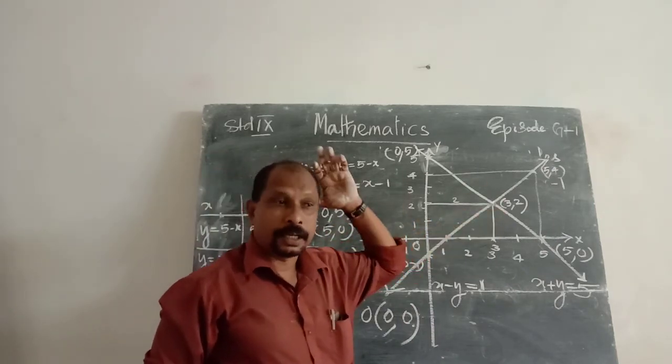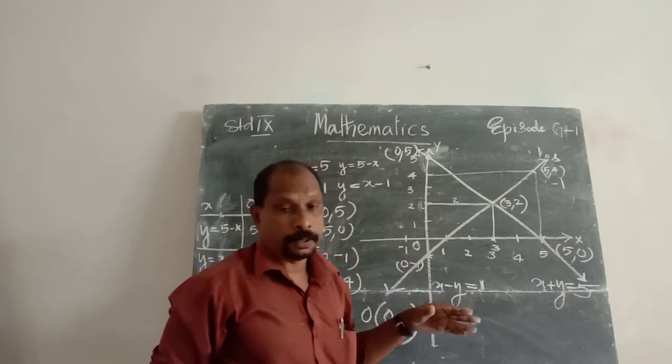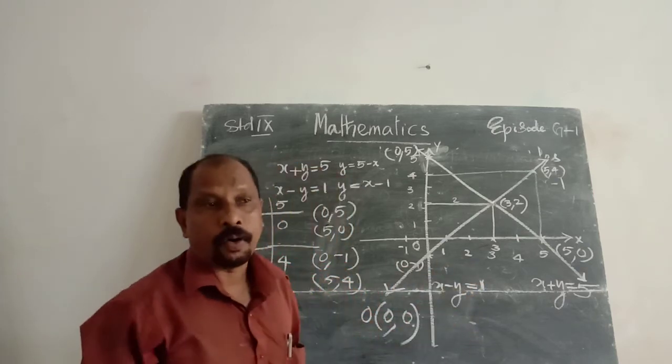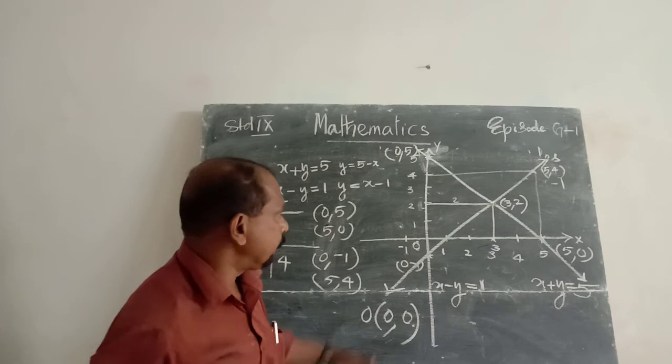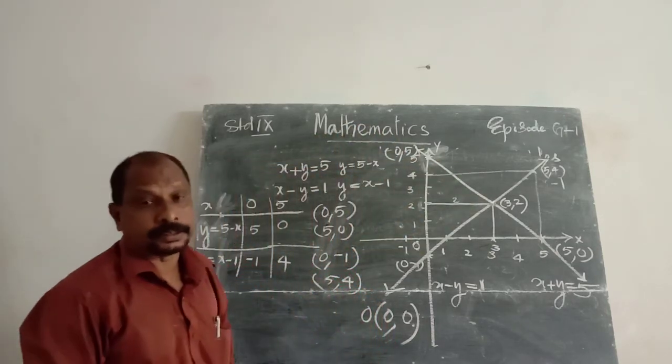Therefore, there are several linear equations with 2 variables x and y, and there are several solutions of that linear equation, and the graphic presentation of that is a straight line.